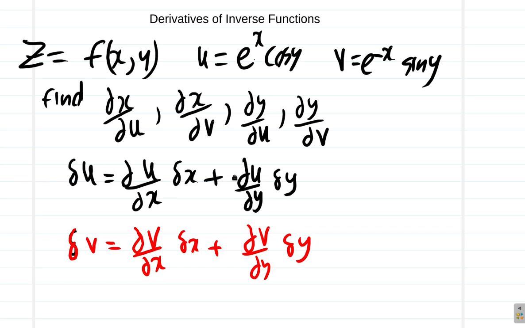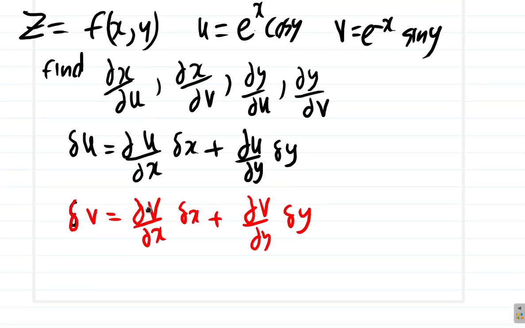Now, here we can find the partial of u with respect to x and the partial of u with respect to y. So here, from this, the partial derivative of u with respect to x is equal to, what do you think it is? Well, when you differentiate e to the x, it is e to the x that you get back, and the cos y here, you treat it as constant, because you hold y constant.